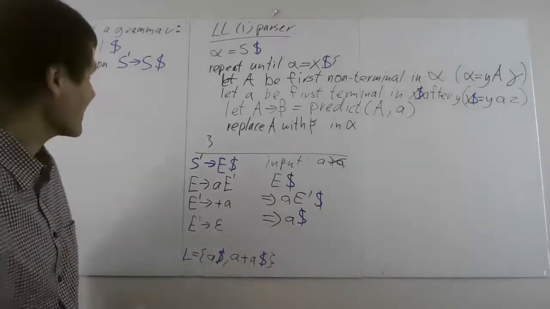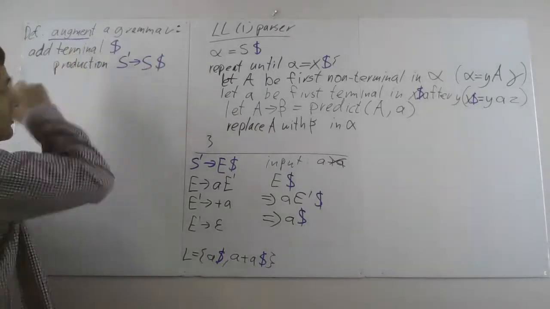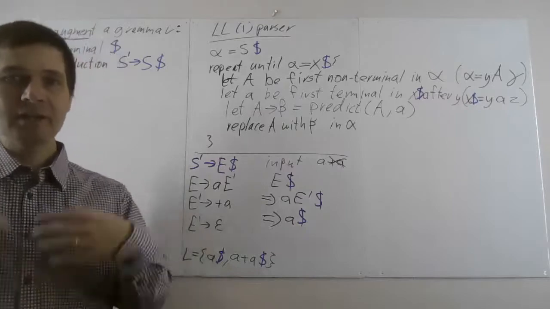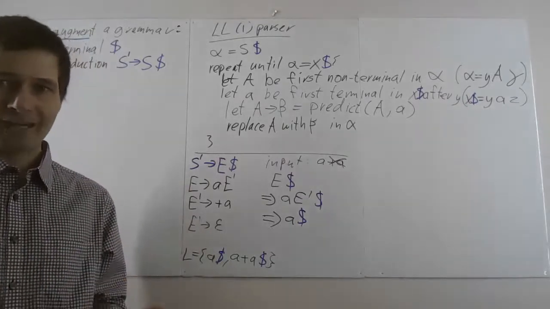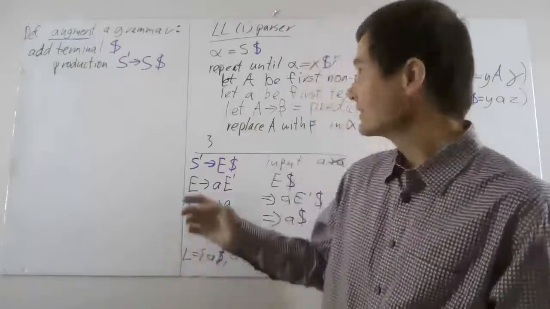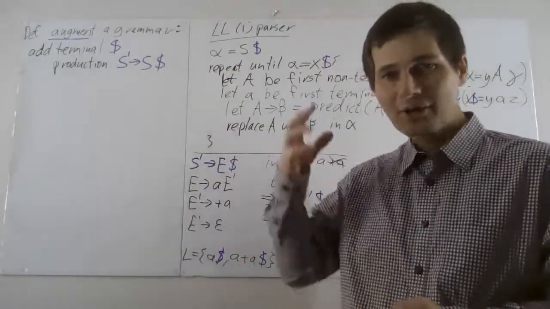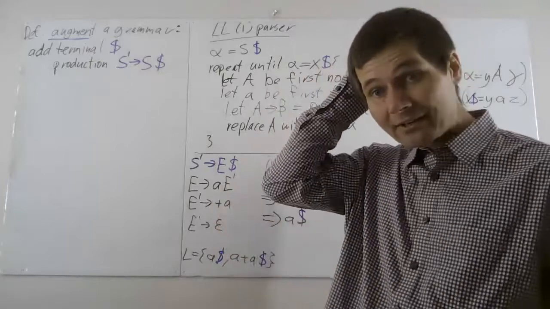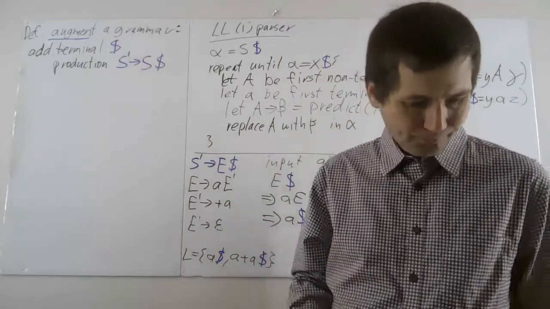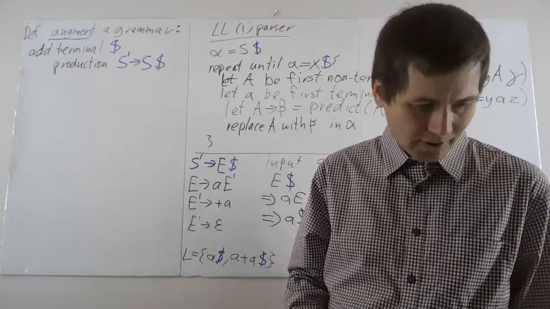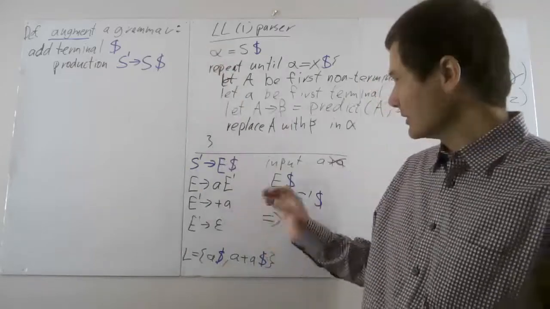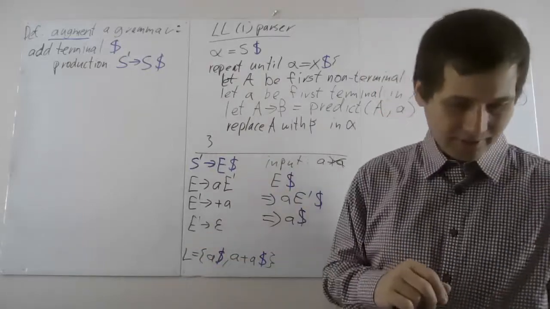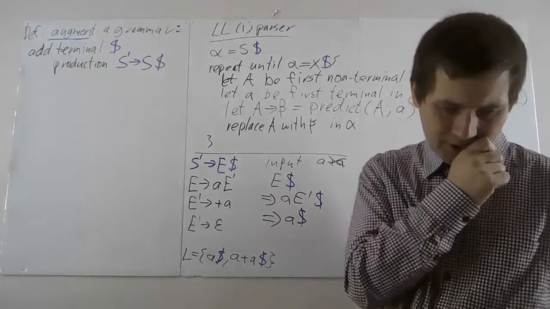But essentially, with this $ we're adding a new terminal that represents the end of the string, that represents that we don't want any more symbols to be added to the derivation. Sorry, I'll stand over here so you can read that. Okay, so now we've augmented the grammar, and we can parse both of these strings in this simple little language.